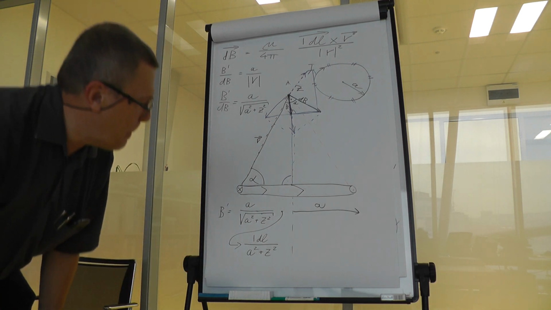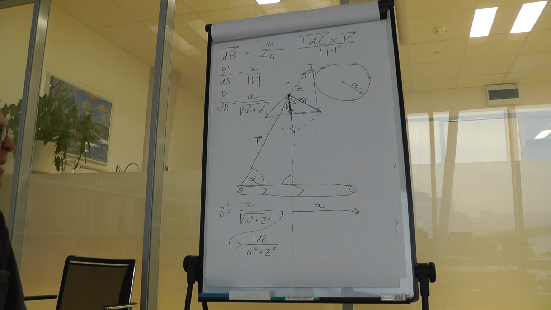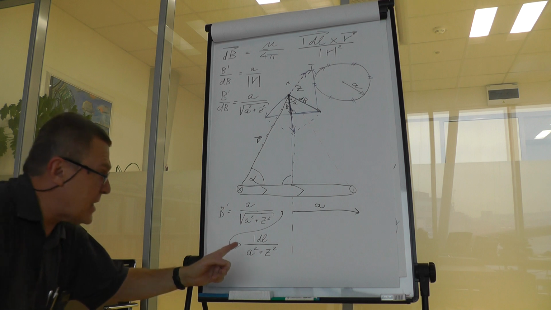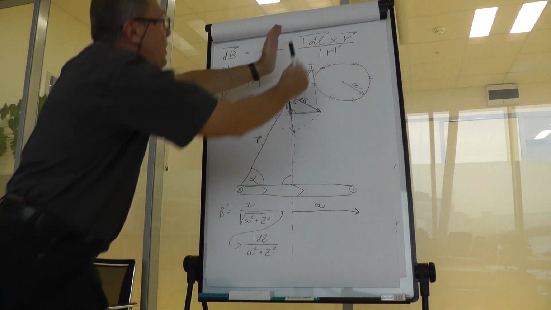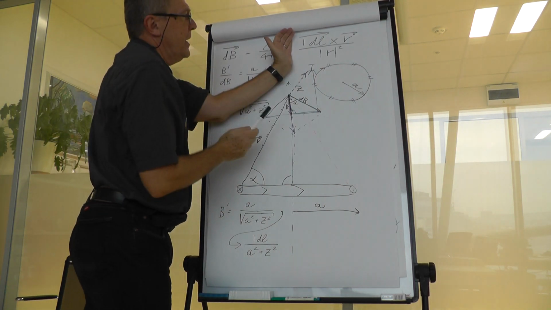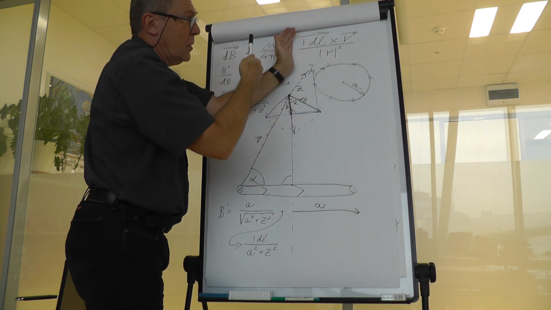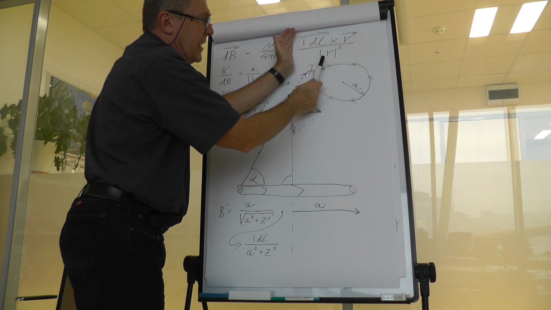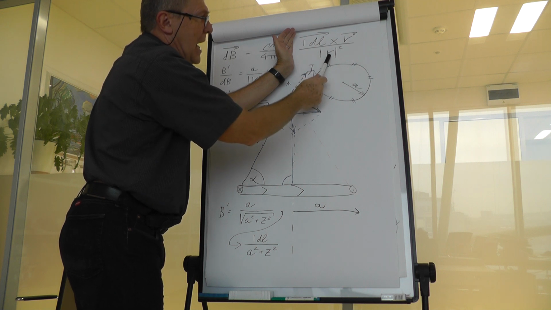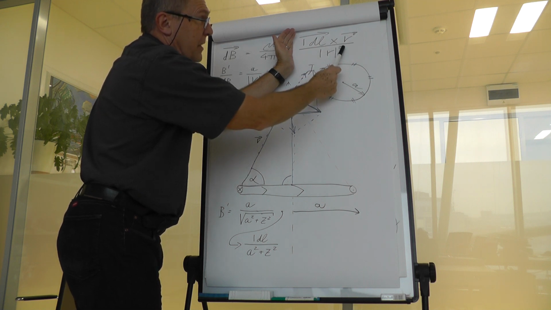Yes? I did not understand the lower part of that second part, where a squared plus z squared. Shouldn't it be square roots? Well, not. But let's repeat it once more. This part of the equation gets the numerator, which you do not question, and then there is the denominator, and that is r squared.